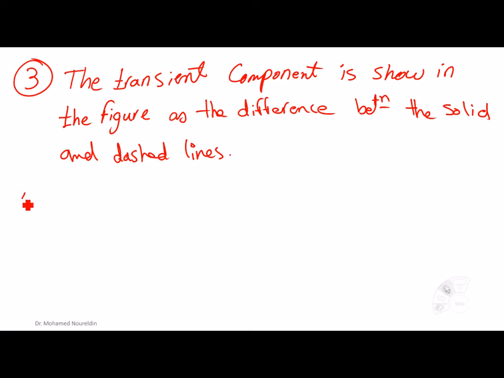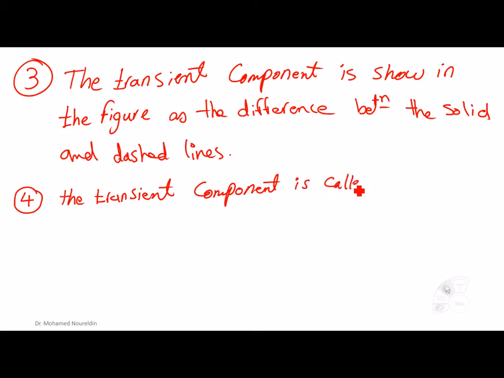So this is an important thing that you need to keep in your mind. Okay, note number 4, which I already indicated last video, but I'm going to put it more clearly here. The transient component is called like that. What is the reason for calling it the transient here?